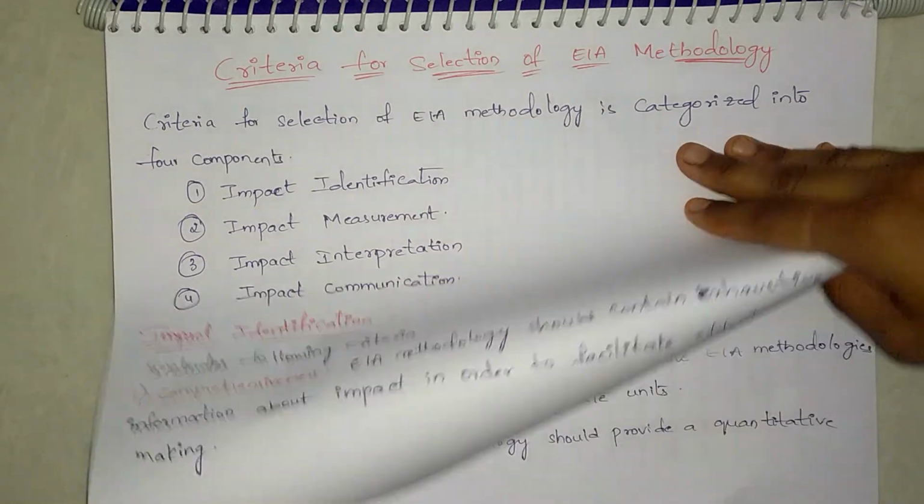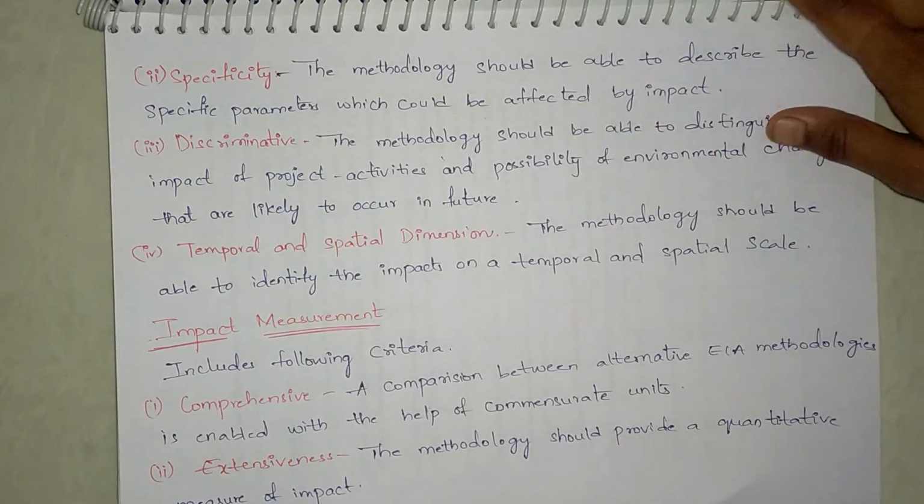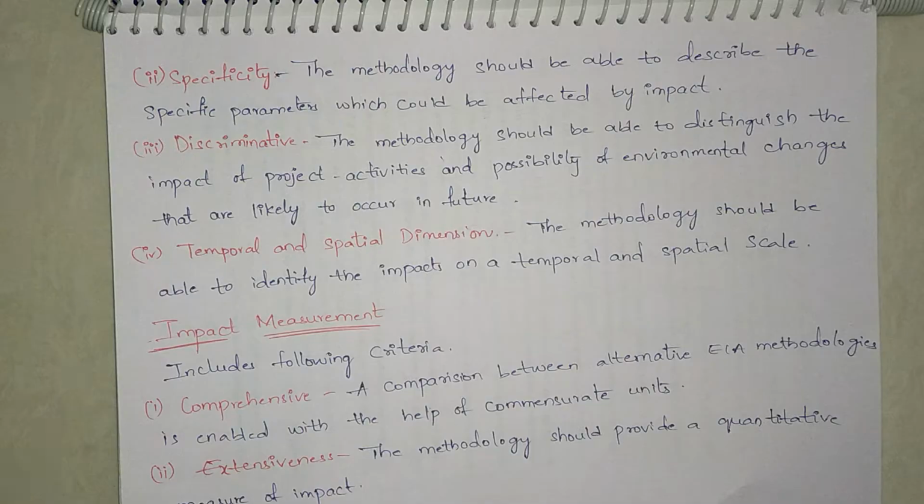And the second one is specificity. Specificity means the methodology we choose should be able to describe all its parameters. For example, you have taken a project and it is creating some consequences. The methodology should make sure that it includes all the consequences or impacts that are being caused on the environment.